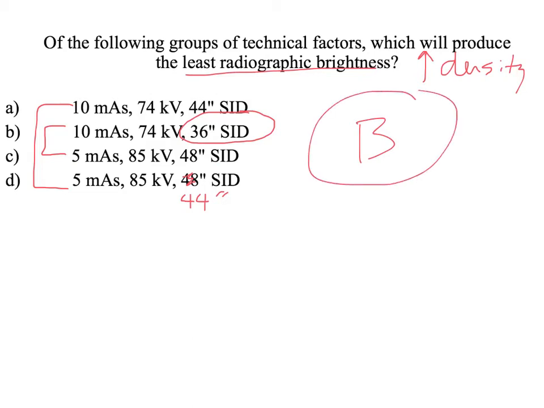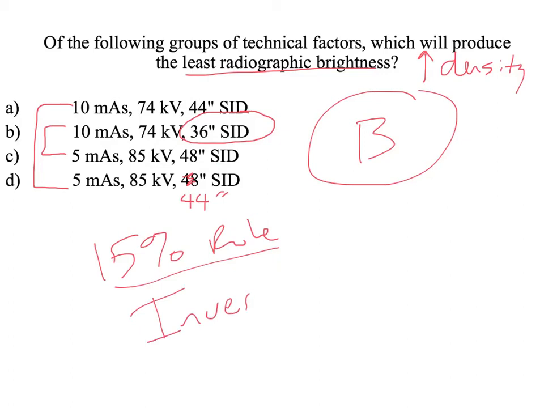I've applied several rules in arriving at that. I applied the 15% rule pretty quickly. This is why I'm stressing this stuff so much: we need to be able to apply it on the fly to a question like this. And then the other rule that I applied really quickly was the inverse square law.